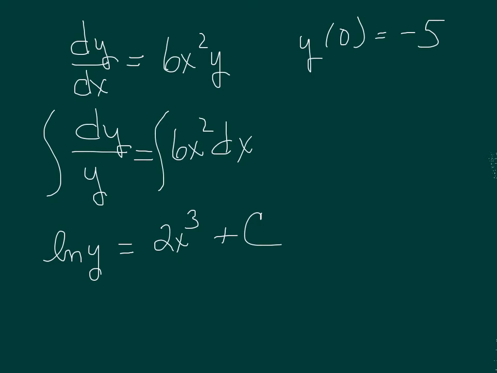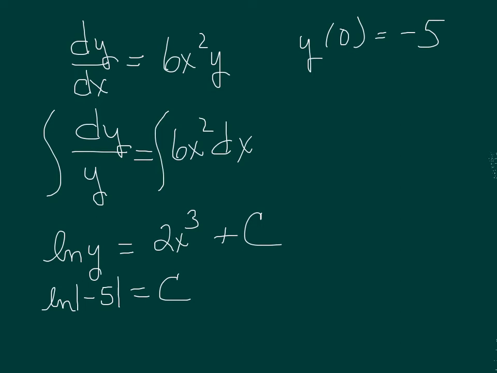Okay, so now I want to figure out what C is. It's just as easy to do it now as it would be to wait till we got finished, I think. So if we know that y is -5 when x is 0, C equals the natural log of the absolute value of -5, because this number cannot be negative, so that's why we have to put those absolute value bars there.